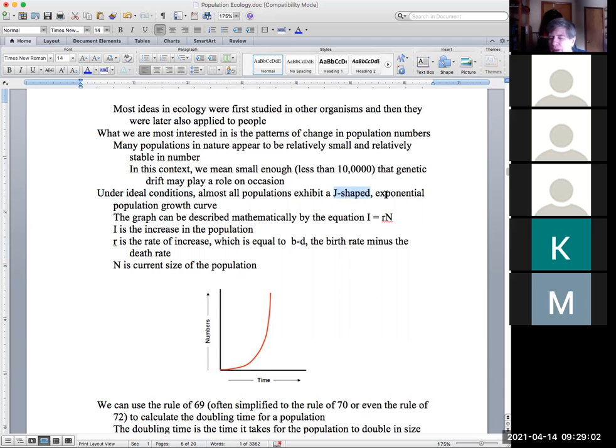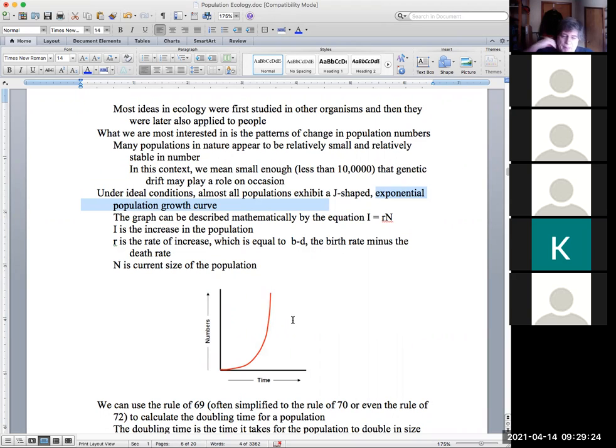It's also called an exponential population growth curve. And it's called that because if we write an equation describing this graph, this graph should look vaguely familiar to you. It kind of looks like half of a parabola.